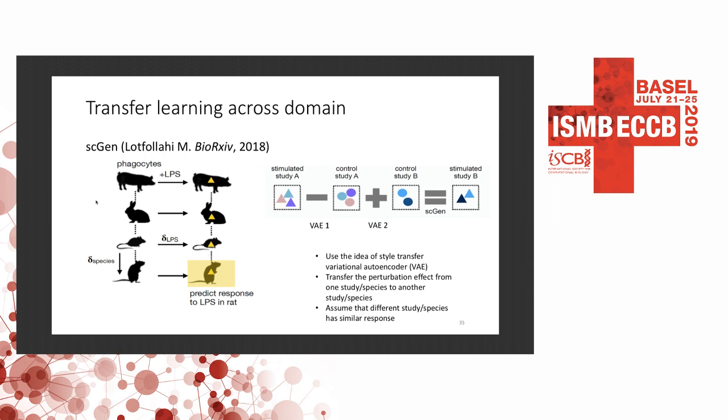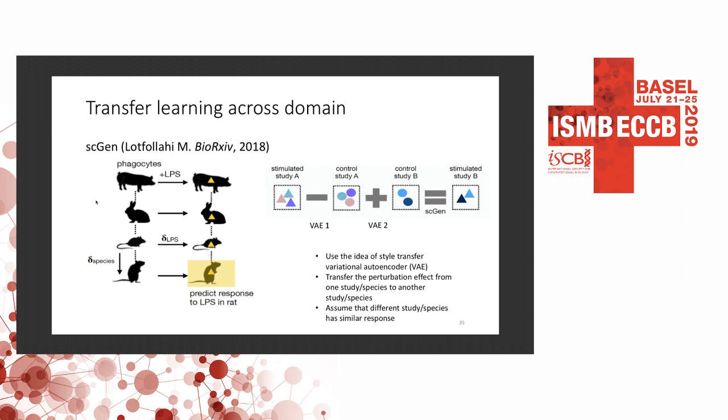So the idea is that they first learn how to transfer. These are a group of cells. Through the variational autoencoder, they can transfer it back to a group of cells of mice, and then they can do a map from a group of cells of mice under control to a group of cells of mice under stimulation.